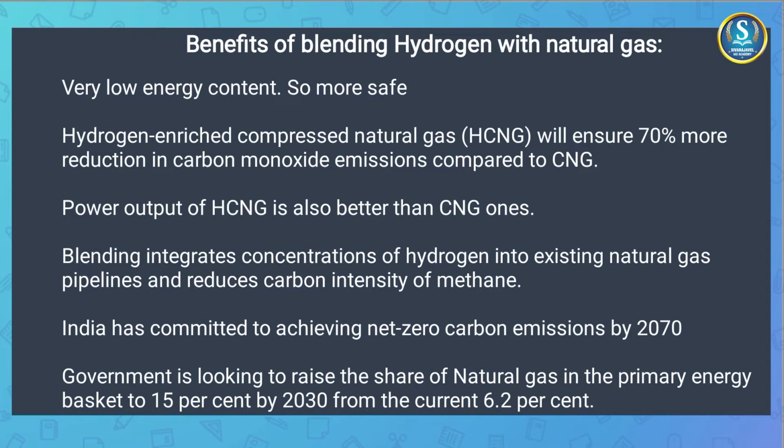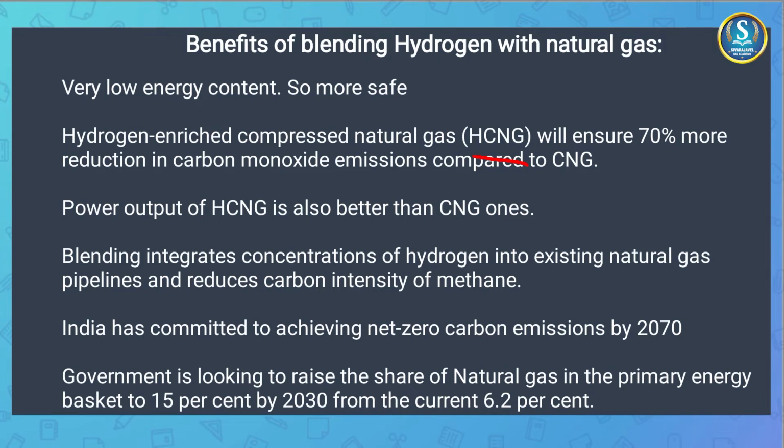And the next one, hydrogen enriched compressed natural gas, that is HCNG. So we know CNG, but here it is HCNG. It will ensure 70% more reduction in carbon monoxide emissions compared to CNG, because at present completely switching over to hydrogen fuel is not so easy, because we are nascent in that technology.